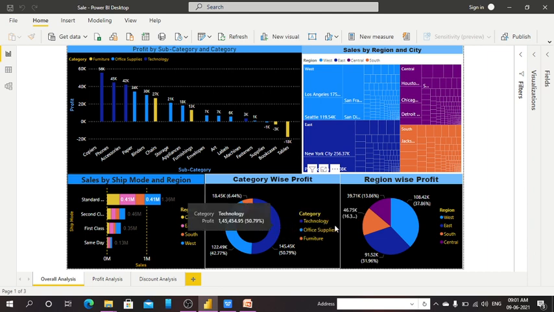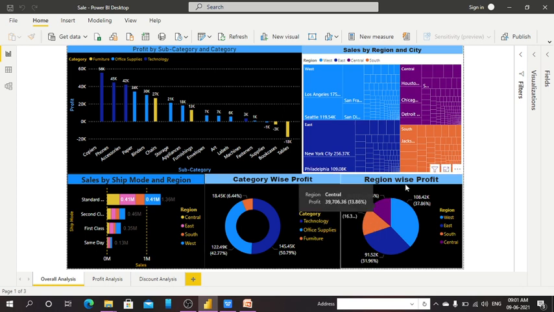Going to the next, I am analyzing the region-wise profit. The plot shows the west region has very good profit, and the central region has very little profit.